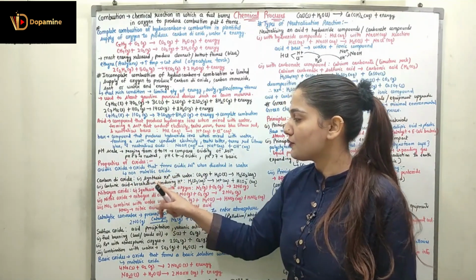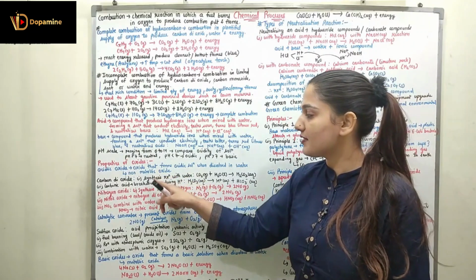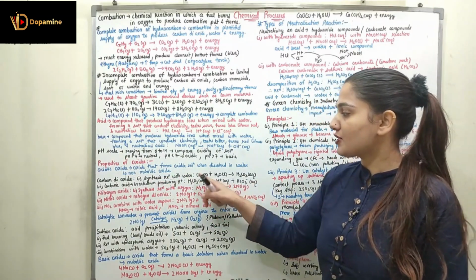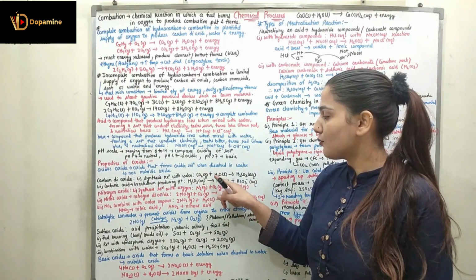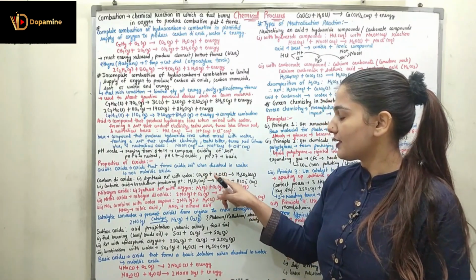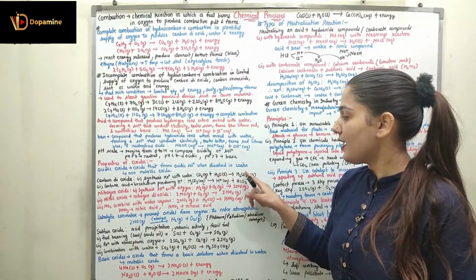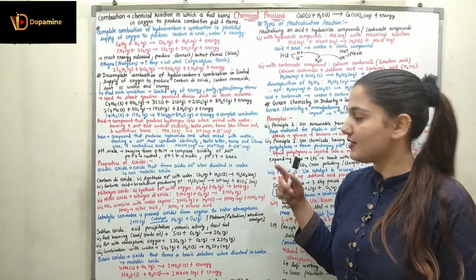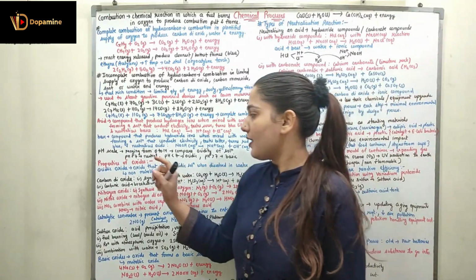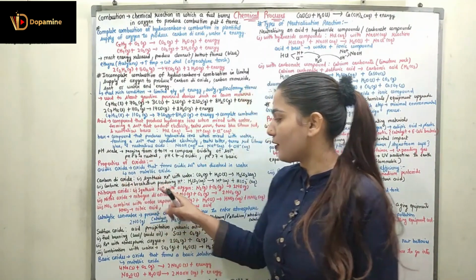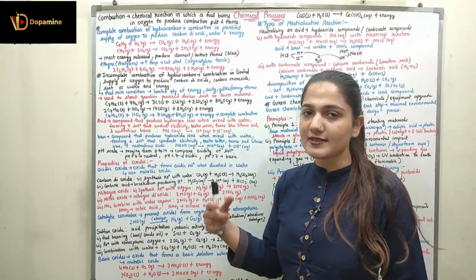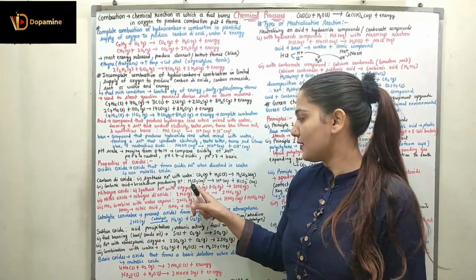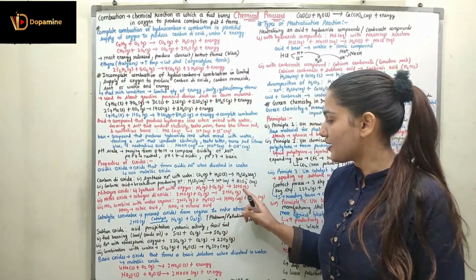It can be formed using two reactions. First is a synthesis reaction with water, in which carbon dioxide reacts with water: CO2 in gaseous form plus H2O in liquid. It gives me carbonic acid, H2CO3 in aqueous form. Carbonic acid is not very stable. It breaks down to form H+ and HCO3-.